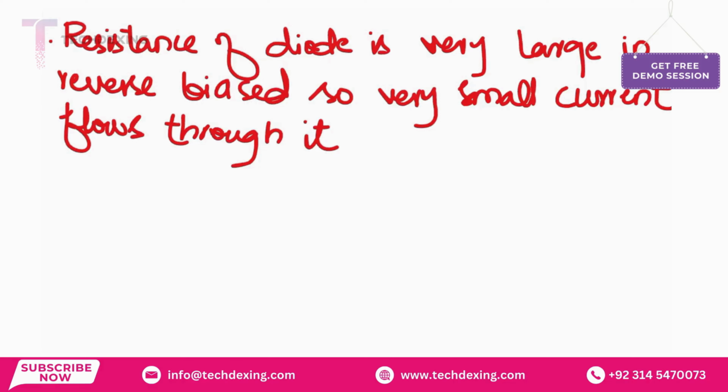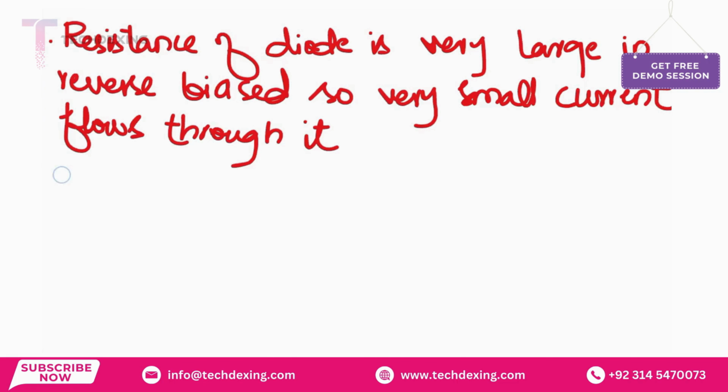I have told you that where the resistance is large in the circuit, the current is very small. And this is the same current we discussed in the previous discussion about the forward biased. I have told you that we are going to talk about the conventional current, right?